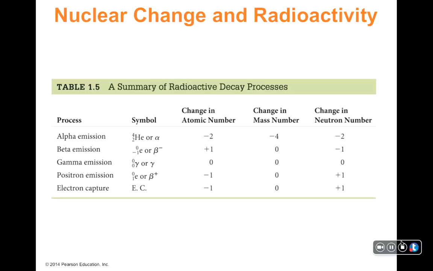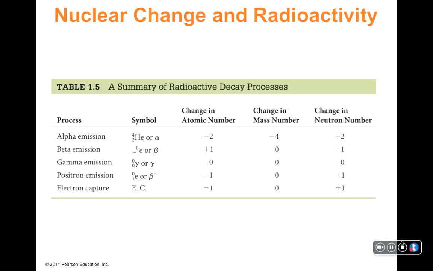Okay, nuclear change and radioactivity. This just gives you a summary of what we just looked at. I don't know that this is helpful. I'd rather you look at the individual reactions and be able to write them out that way. But what is helpful, I think, is the symbol part and the connection to the process. So again, alpha emission is emission of an alpha particle, or that helium-4 nucleus.